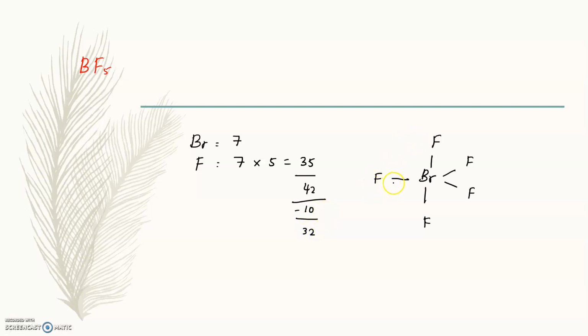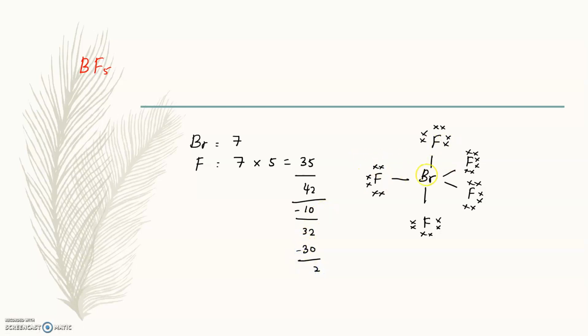For each fluorine atom, 1 electron has been shared with bromine, so there are 1, 2, 3, 4, 5, 6, 7, leaving 6 non-bonding electrons. All the fluorine atoms have 6 non-bonded electrons. So 6 times 5 is 30.